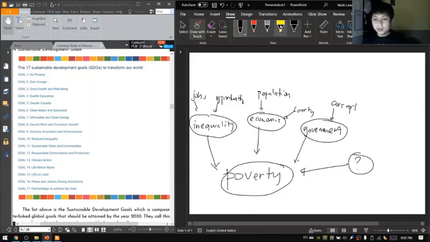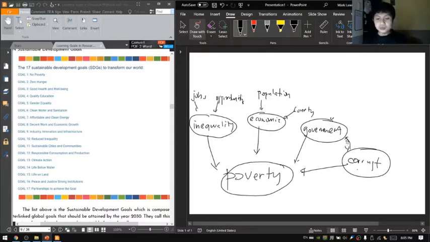So maybe I'm wrong to say this one. Maybe the question here is, maybe this is really poverty, corruption. Okay, so we can say corruption is one of the reasons why there is poverty. Yeah, could be. And we can also say that these two are connected.